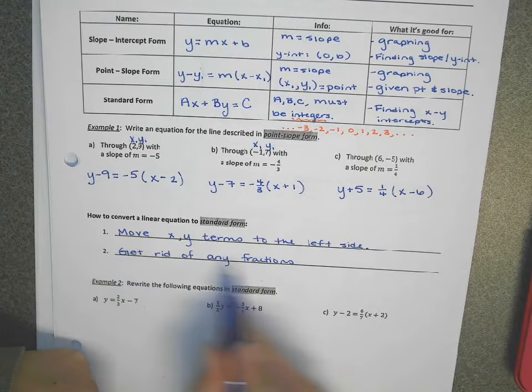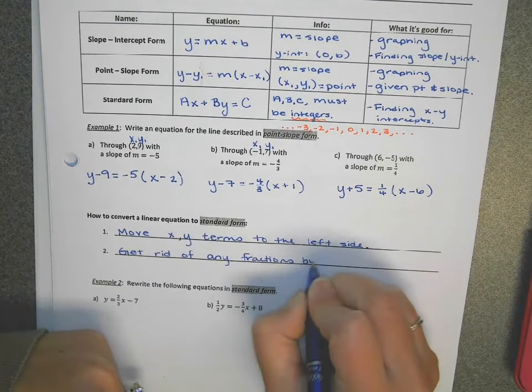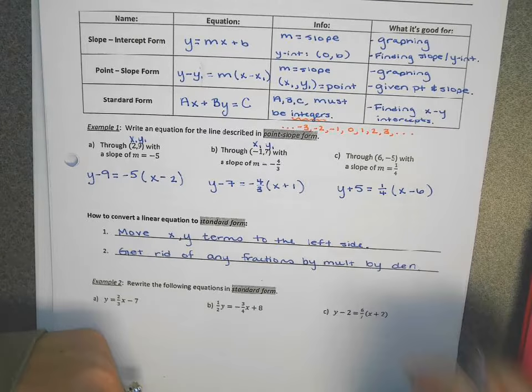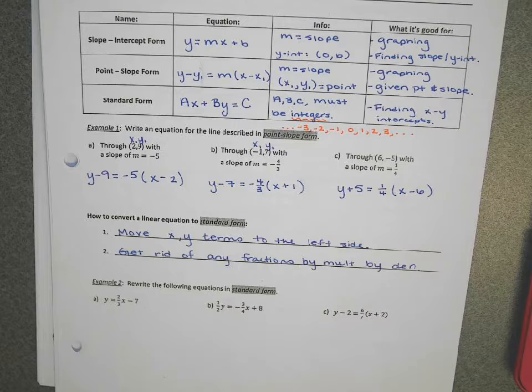So you have to get rid of any fractions by multiplying by a denominator. And it really doesn't matter the order that you do these two things in. Some people prefer to get rid of the fractions first so they don't even have to work with them. Other people like to move their terms all in the right spot and then work at getting rid of those fractions.